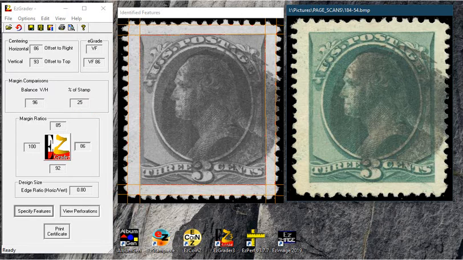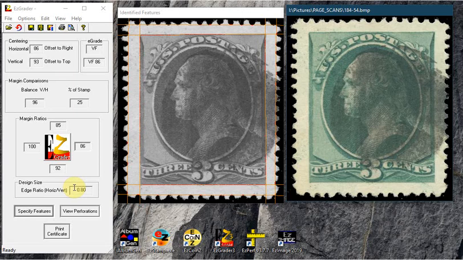The last metric that you should be making use of is the design size. That is this measurement down here. It can be a critical clue in determining if a stamp is altered or not. Because the edge ratio is computed from the printed design, it is constant for all copies of a given stamp.